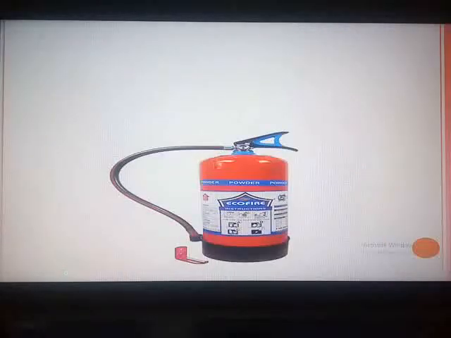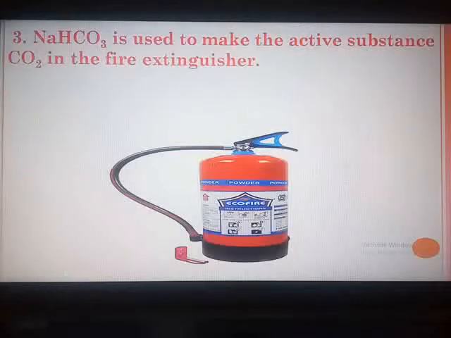Before we go ahead, here you can see a photograph of a fire extinguisher. So this NaHCO3 is used to make the active substance carbon dioxide, which is used in the fire extinguisher. You have studied in chapter number 13, Carbon and its Compounds, how carbon dioxide is used to extinguish fire.